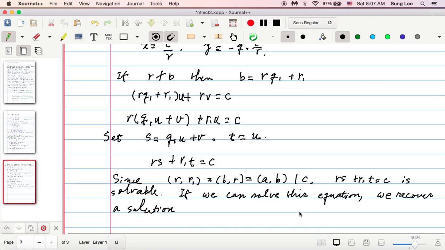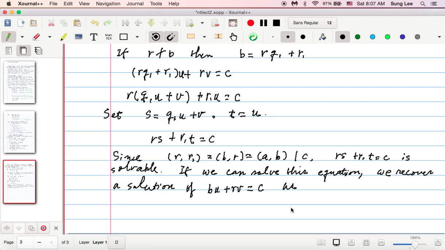The solution of bu plus rv equals c, by the same process, is u equals t and v equals s minus q1 times u.